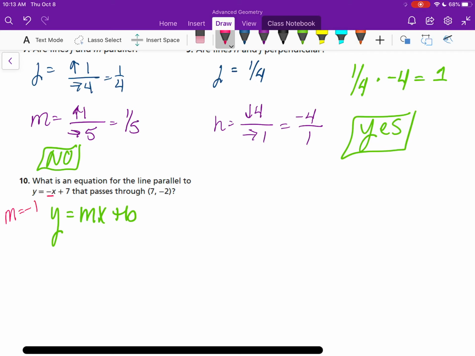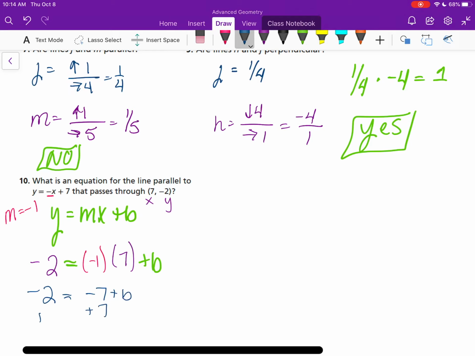And then they give us an x and a y value, so we can actually find that b value. Y is negative 2 equals our m of negative 1 times our x of 7 plus b. Let's solve. We end up with negative 2 equals negative 7 plus b.